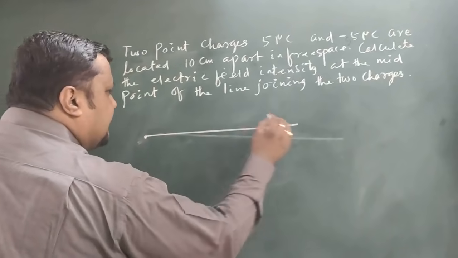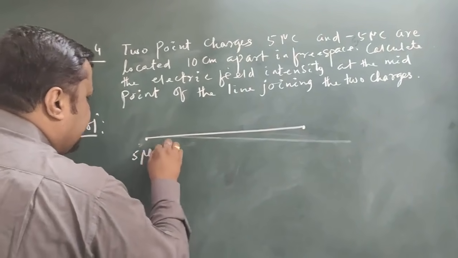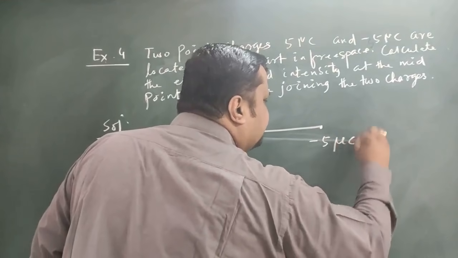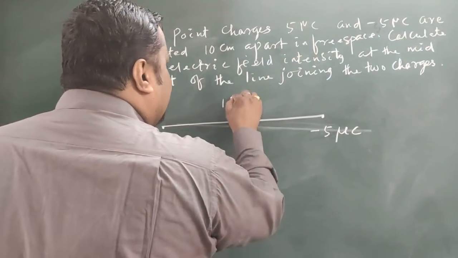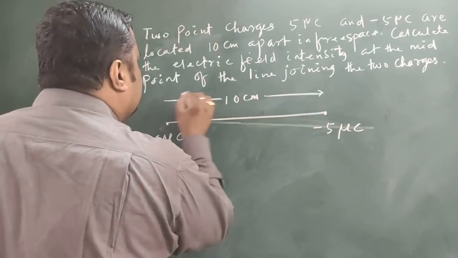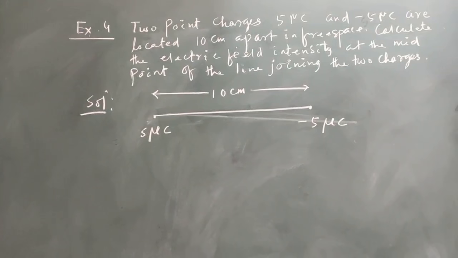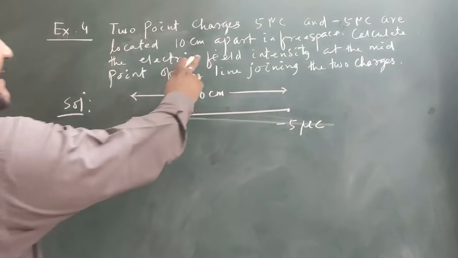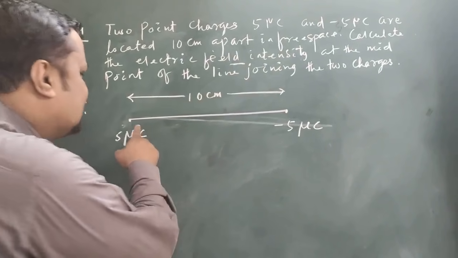Two point charges, 5 microcoulomb and minus 5 microcoulomb, are located 10 cm apart in free space. Calculate the electric field intensity at the midpoint of the line joining the two charges.